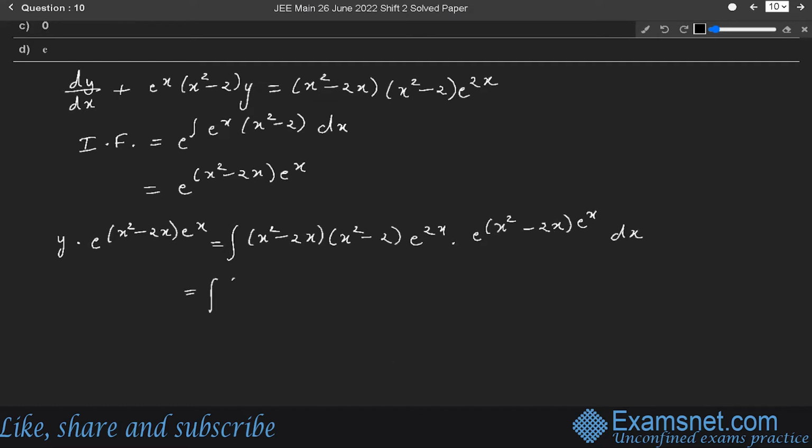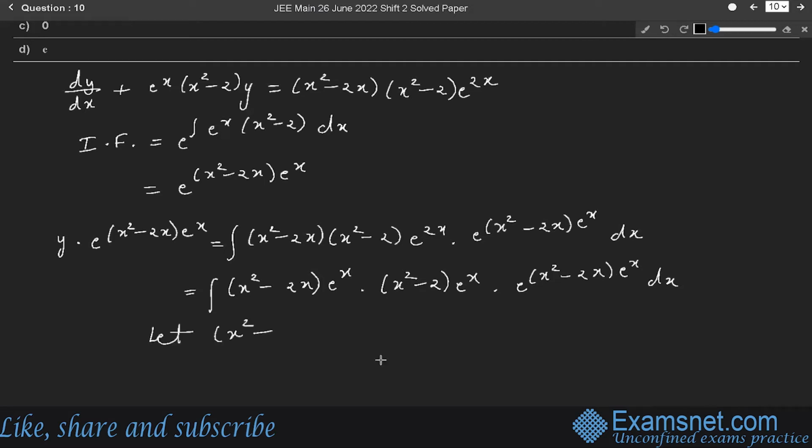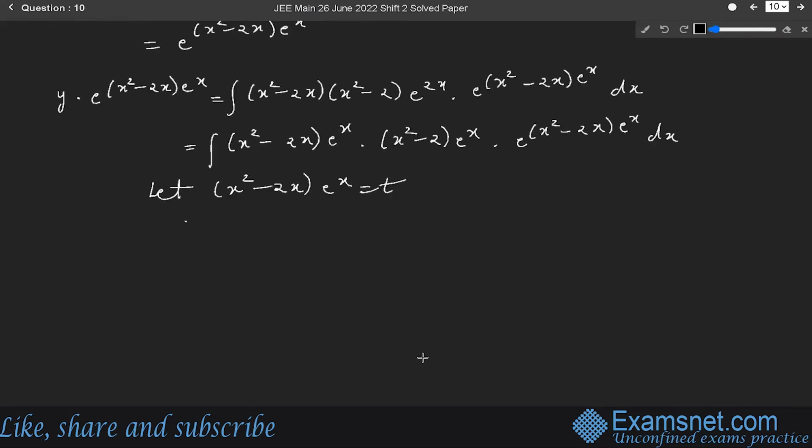So it will be equal to ∫(x² − 2x) e^x (x² − 2) e^x · e^((x² − 2x) e^x) dx. So here, let (x² − 2x) e^x be equal to t. Therefore, (x² − 2) e^x dx is equal to dt.